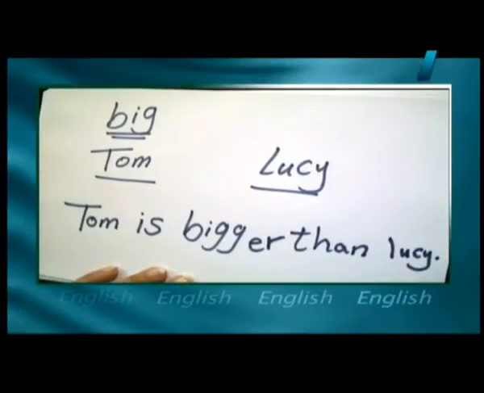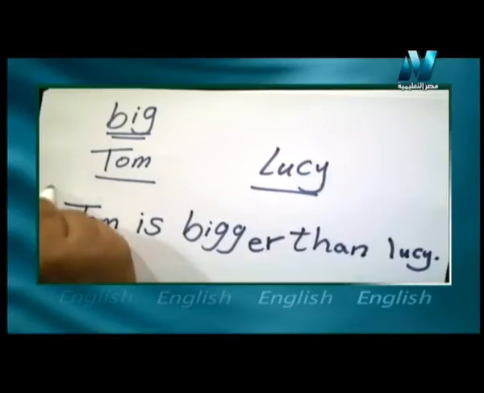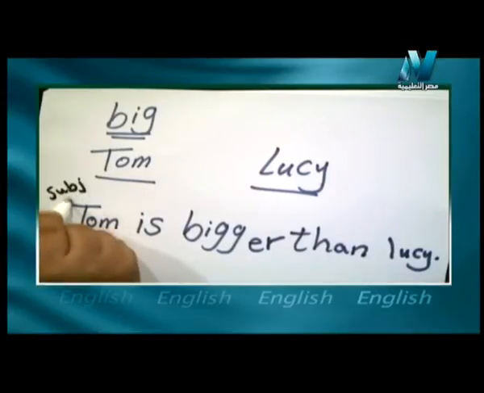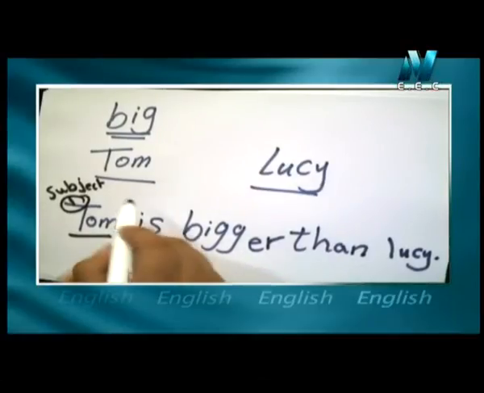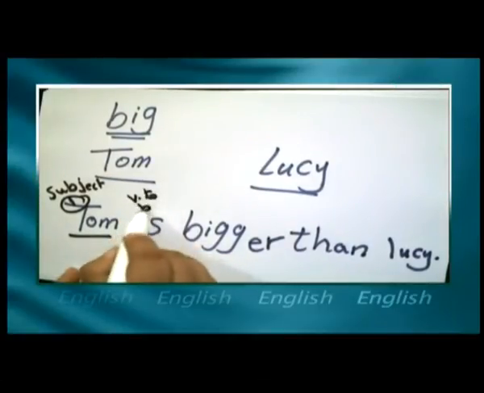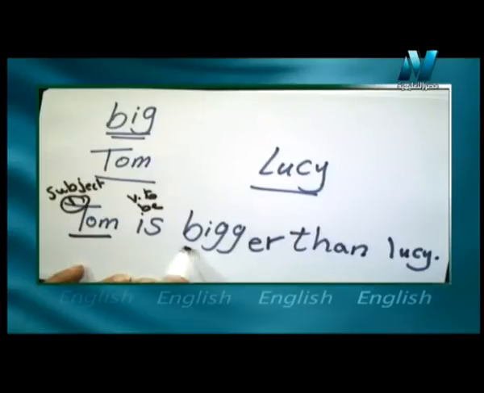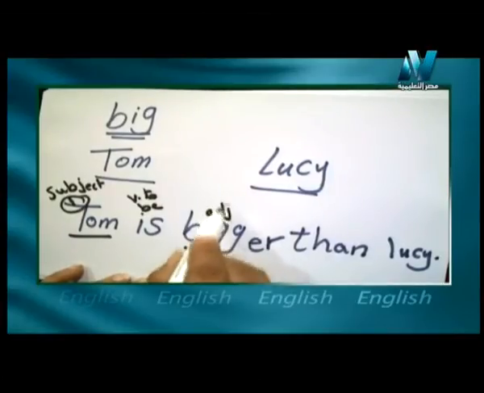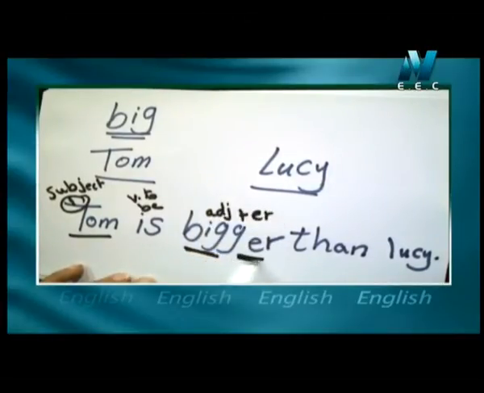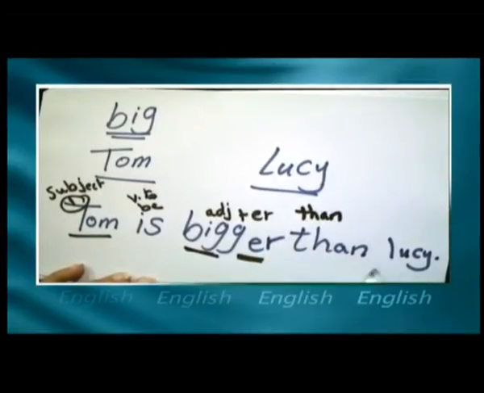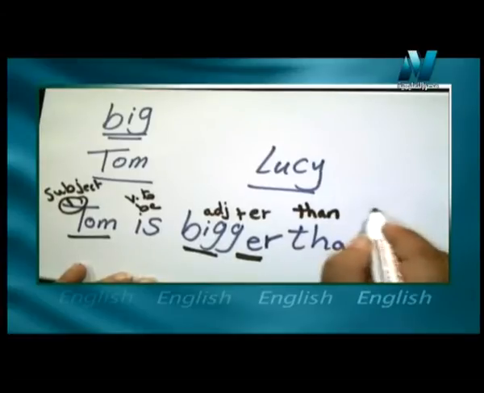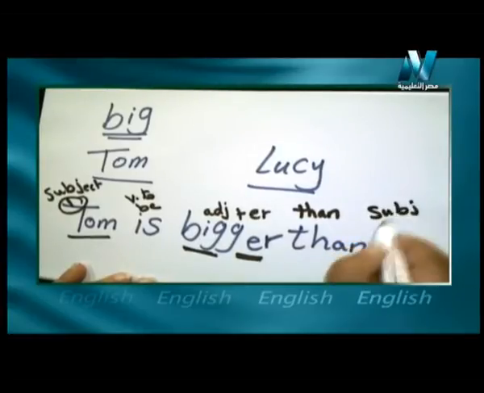I'm going to say Tom, subject number one, is verb to be, bigger, big is the adjective, plus ER, then, and Lucy is the subject number two.